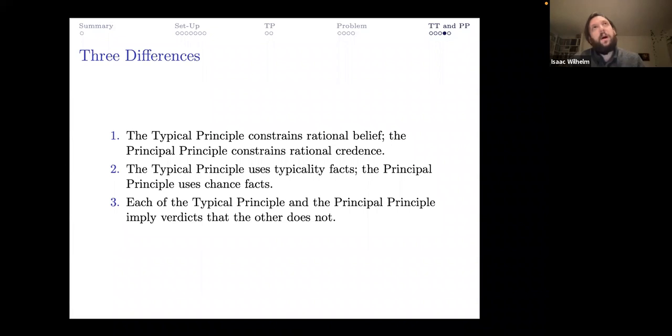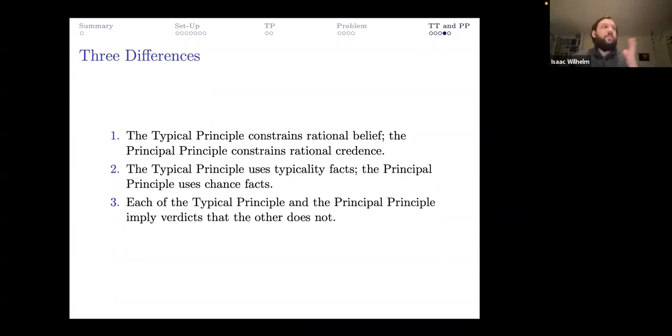Yeah, so a non-one-off chance fact would just be anything that's repeatable, like rolling a die a bunch of times. A one-off chance fact would be something like, what would be a good example? Suppose there were some type of atom, element, that were invented only once, so it only ever existed once.